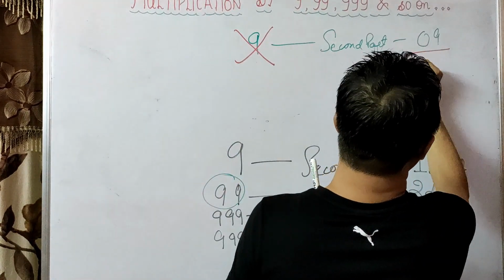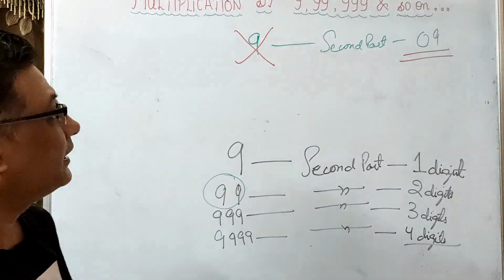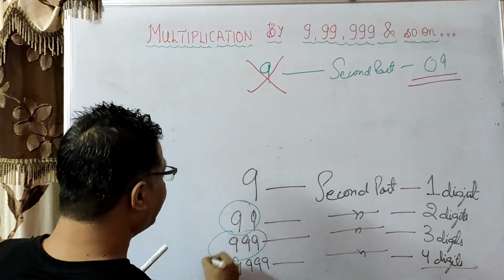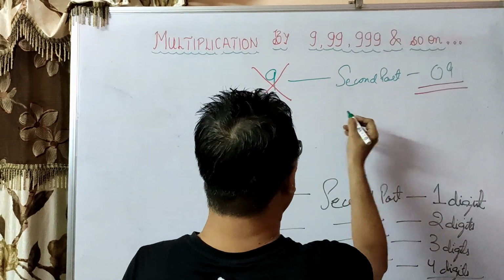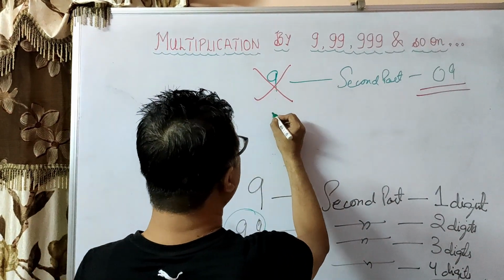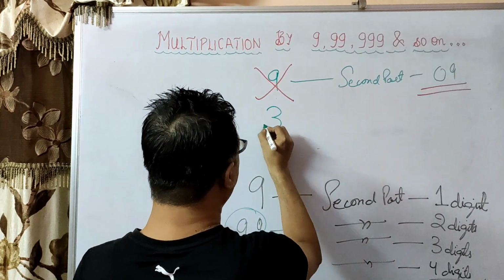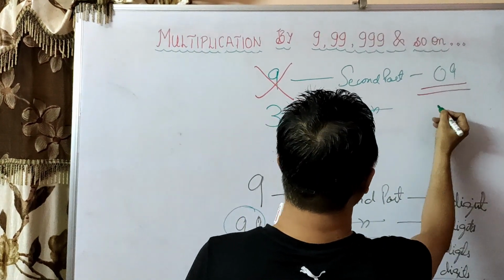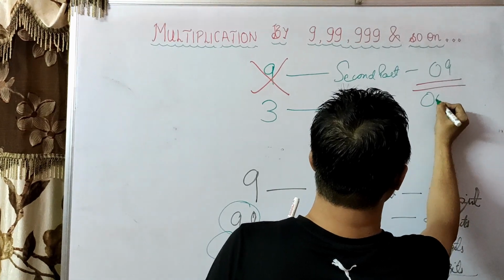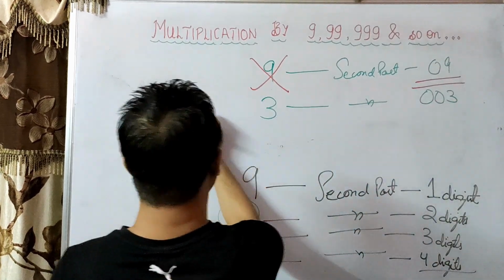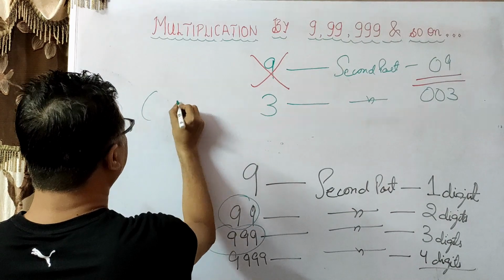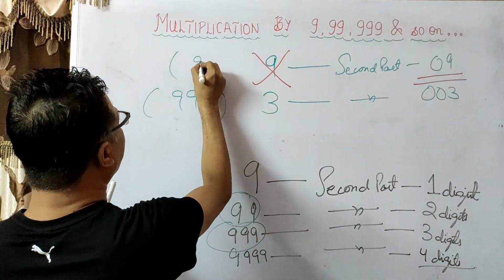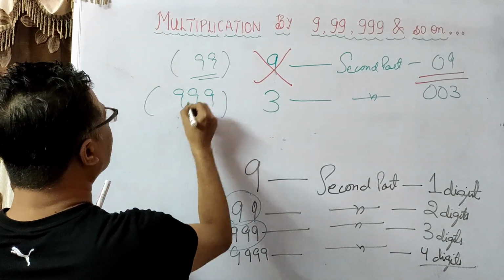If we are multiplying with 999, and the answer is, suppose, 3, then the second part will become 003. This is when we are multiplying with 999 and this was when we were multiplying with 99.